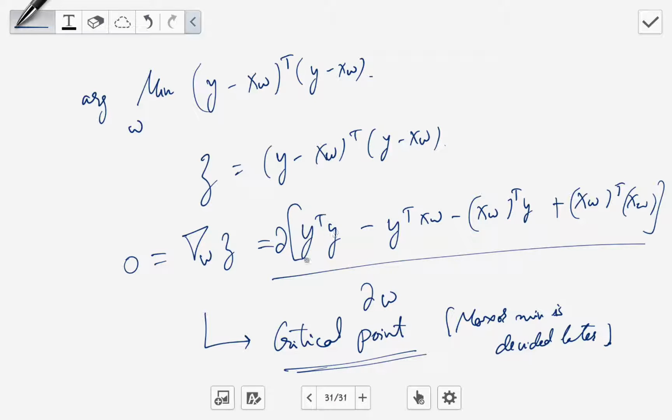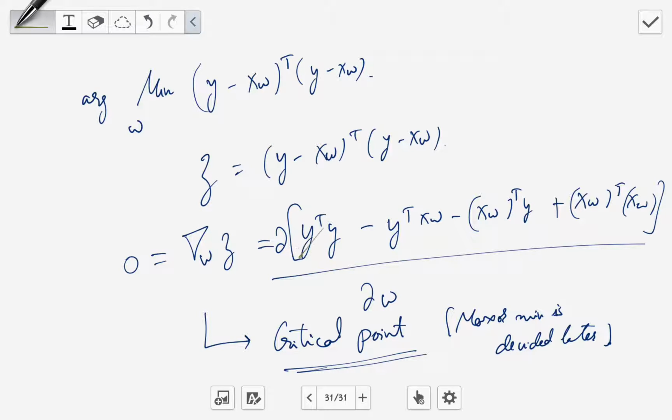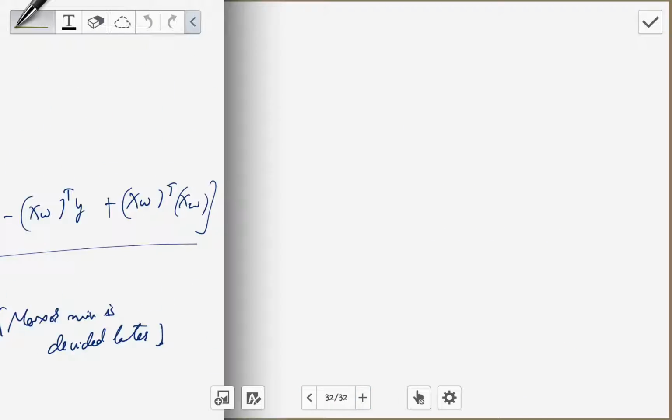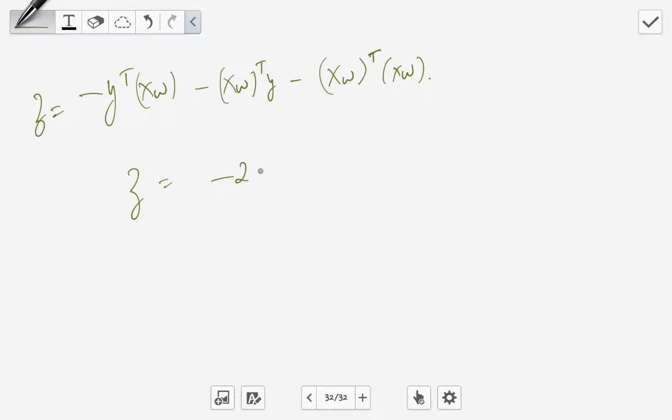Now this is a constant, and this is a constant. So this need not be worried about. The other things have to be worried about. So the other things are minus y transpose xw minus xw transpose y plus xw transpose xw. Now this is your z, so z is minus c.